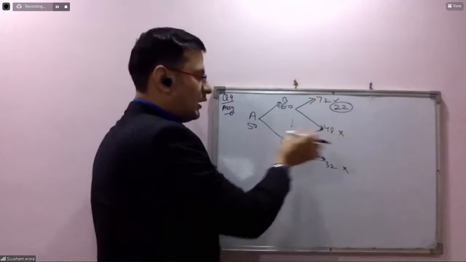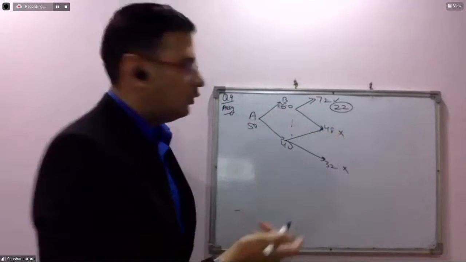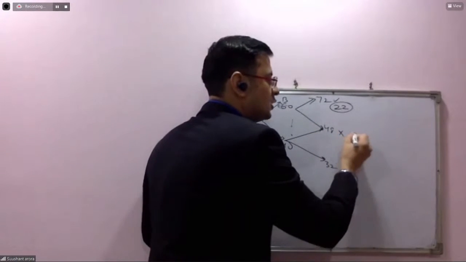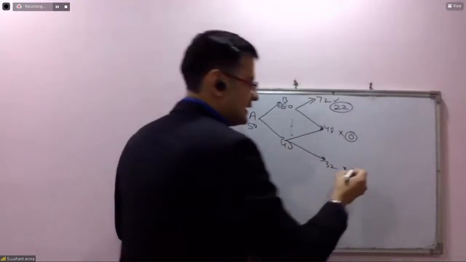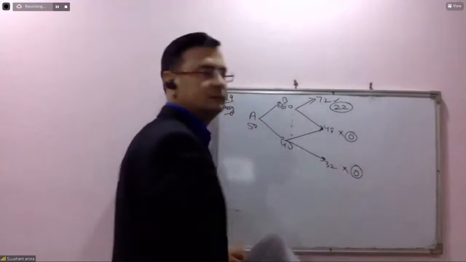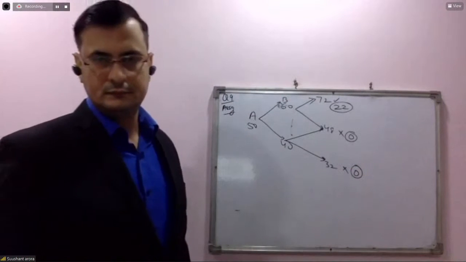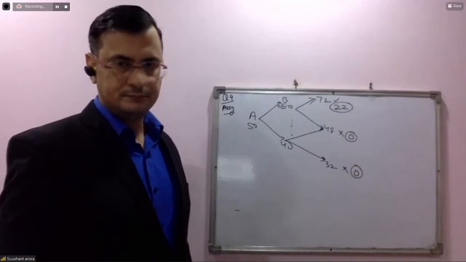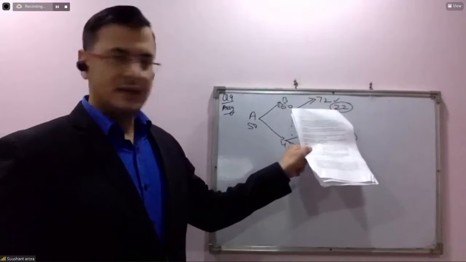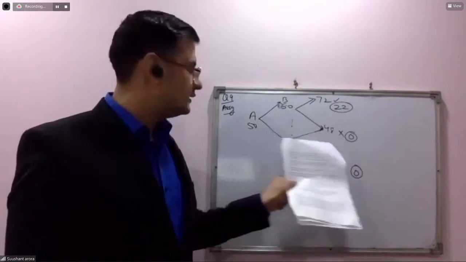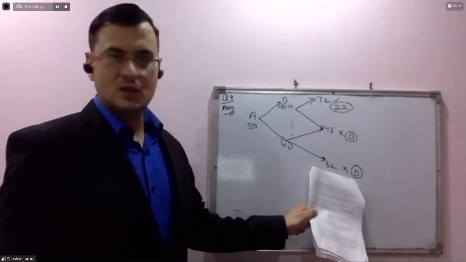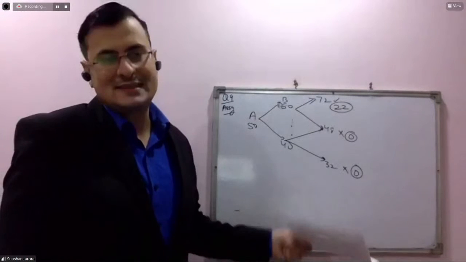Am I exercising this option in the other cases? No, 0. No, 0. Clear? 22 is my profit in the first case, and 0 and 0 since I am not exercising.